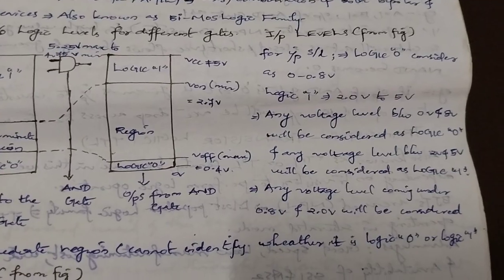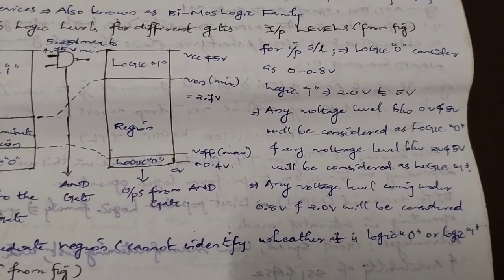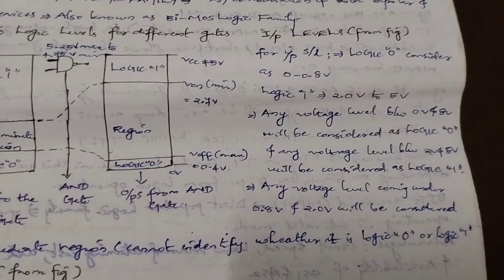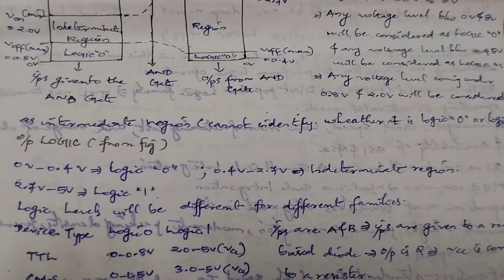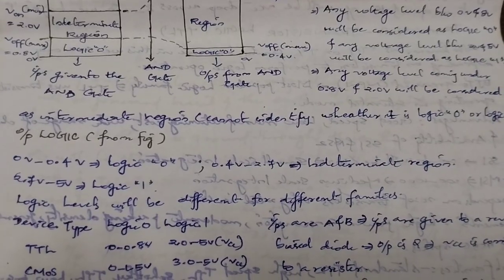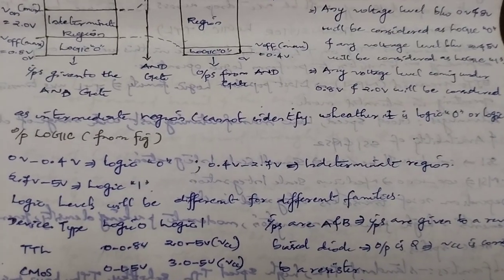Any voltage level between 0.8 volt and 2.0 volt will be considered as the intermediate region. We cannot identify whether it is logic 1 or logic 0.